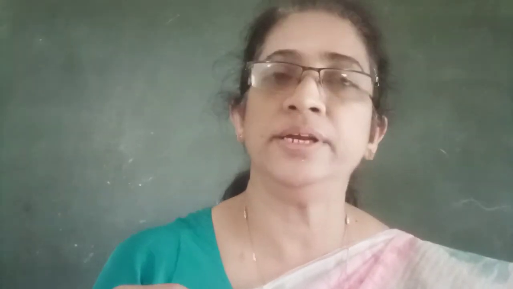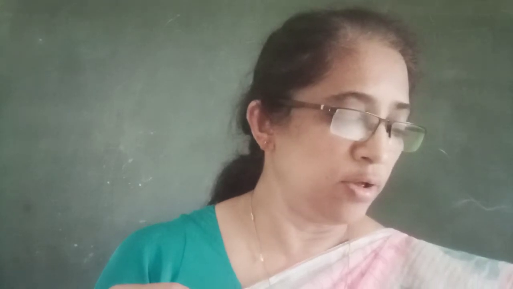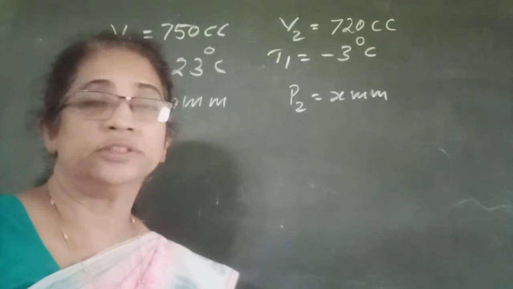Write down a problem. A fixed mass of a gas has a volume of 750 cc at minus 23 degrees Celsius and 800 millimeter pressure. Calculate the pressure for which its volume will be 720 cc and the temperature being minus 3 degrees Celsius.